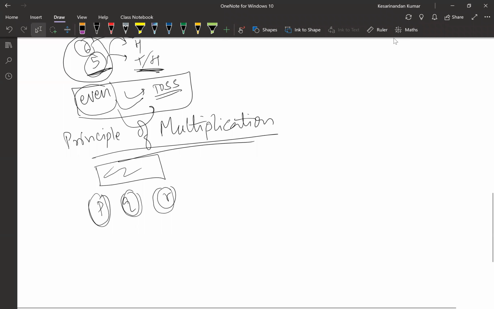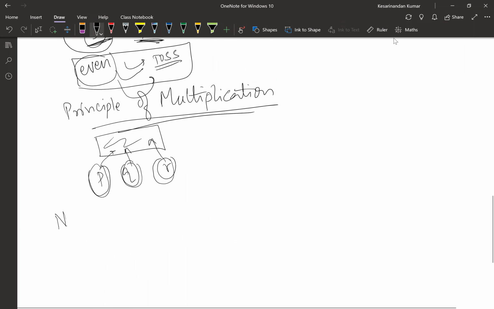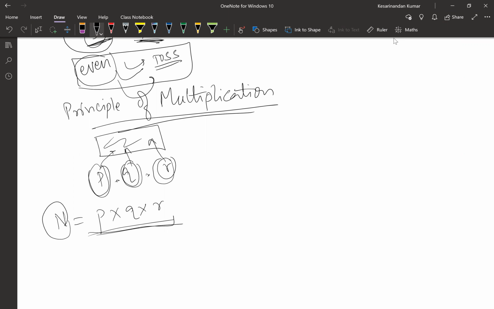Now, the total number of ways, provided these all are inclusive, they depend on each other, that means they are related to each other, will be the total number of ways in which this experiment can be performed.